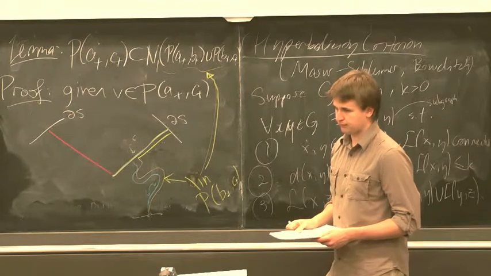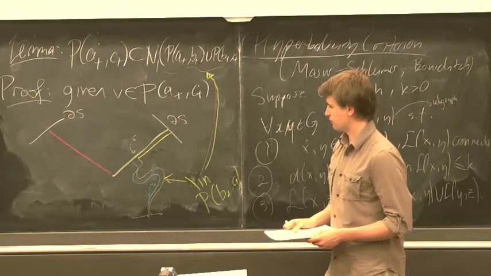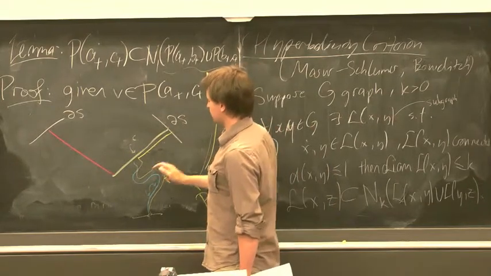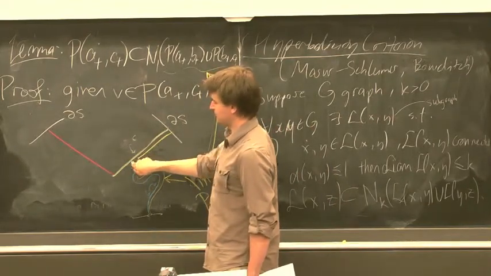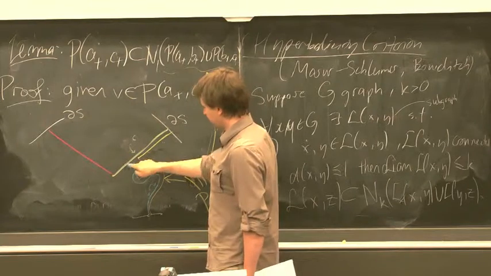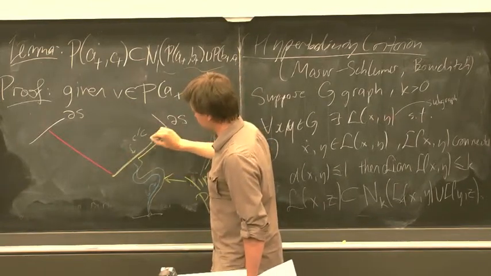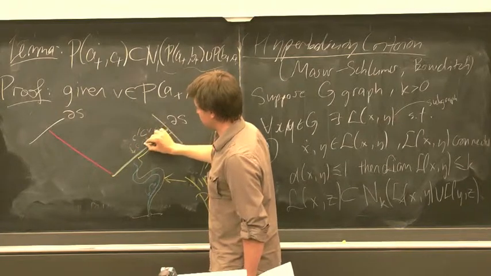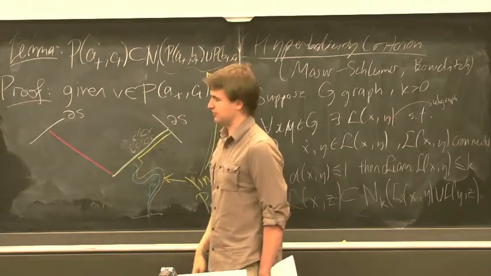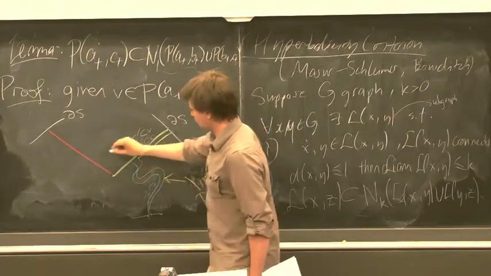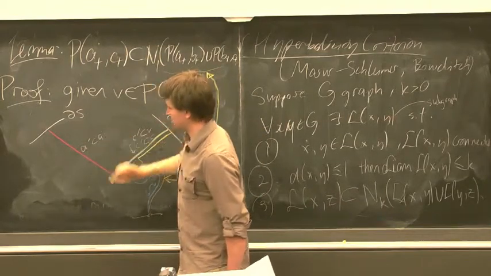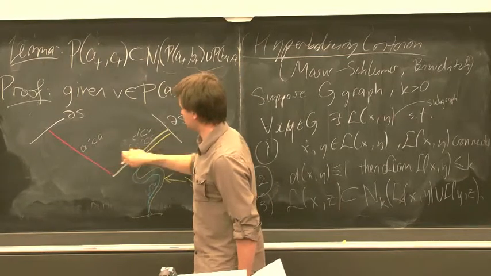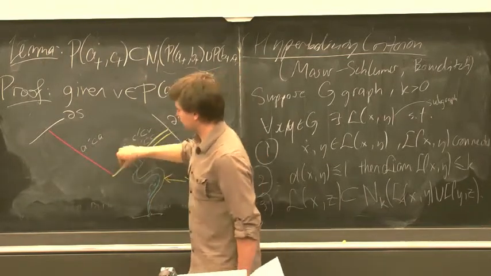Right. Why can't the first time you hit the green C be outside of this picture? Sorry, I've got C prime inside B. So C prime really is a subarc of C. And I've also got an A prime over here, a subarc of A. The first time I hit either A prime or C prime, and then depending on which, I construct.